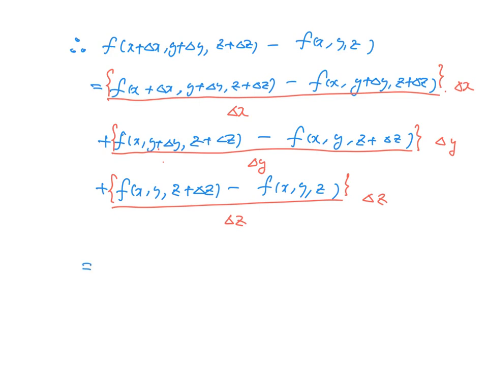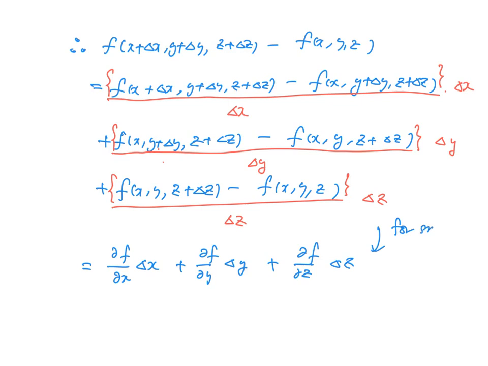So we can write down in this way: partial f over partial x times delta x, plus partial f over partial y times delta y, plus partial f over partial z times delta z, for small delta x, delta y, delta z.